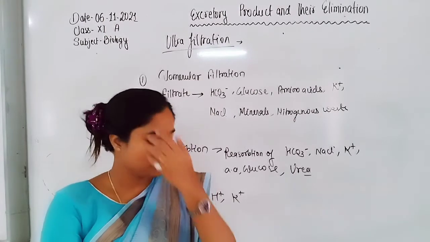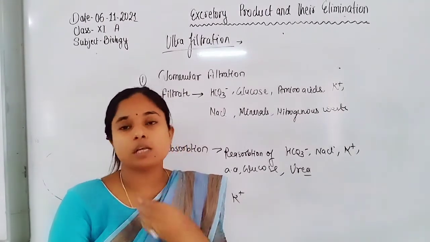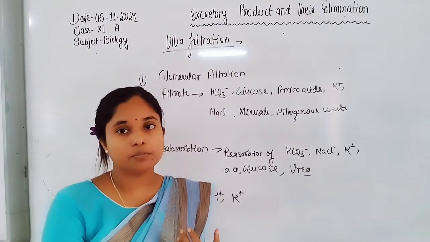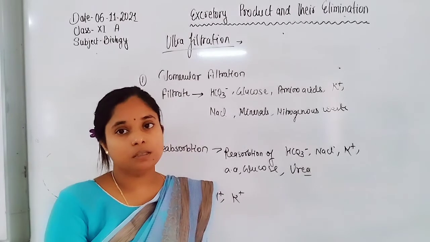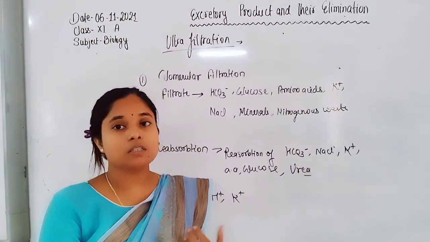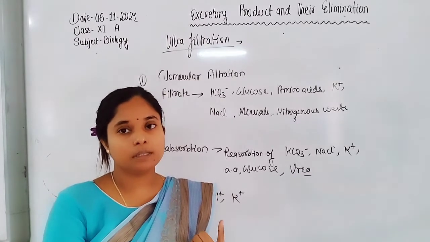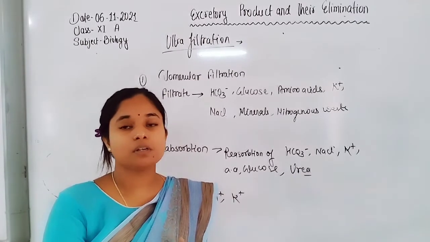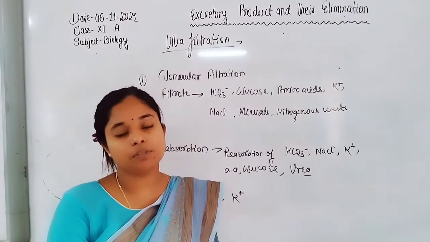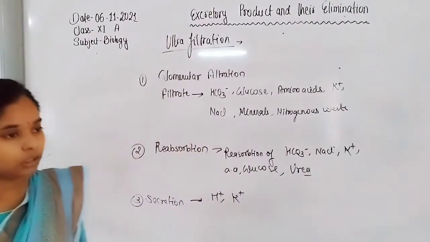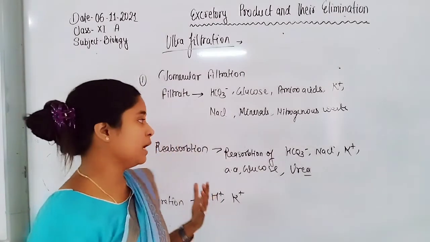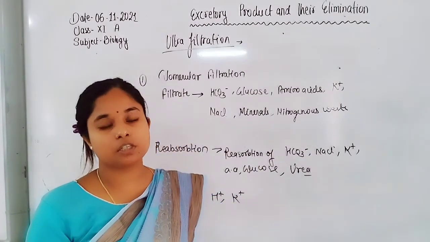The ADH hormone works on the DCT part because it has the receptor for ADH hormone. ADH also functions as vasopressin, pressing the vessels to increase the blood pressure, and that results in an increase in the glomerular filtration, an increase in the GFR value.